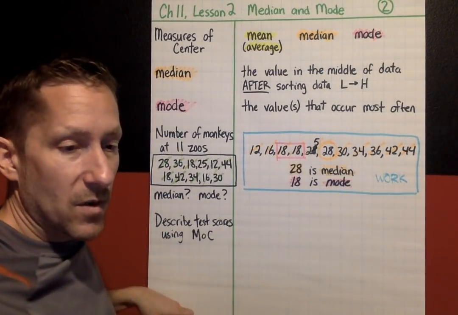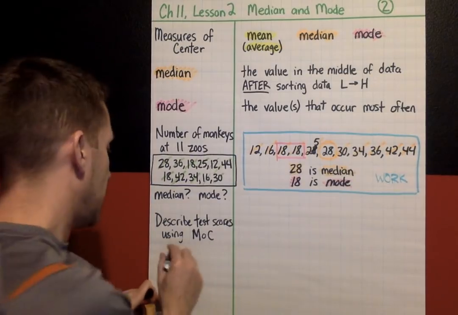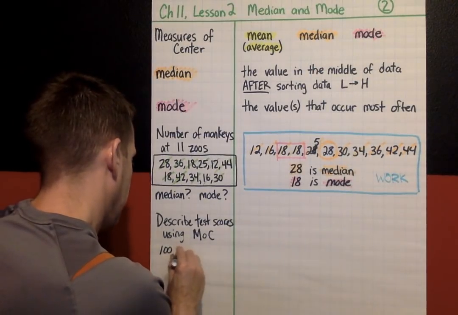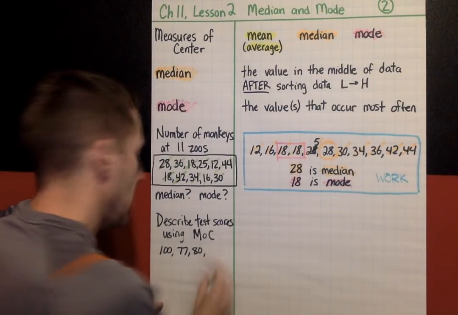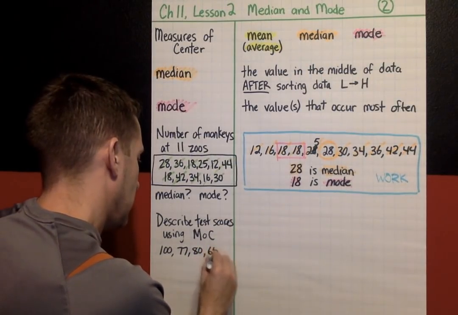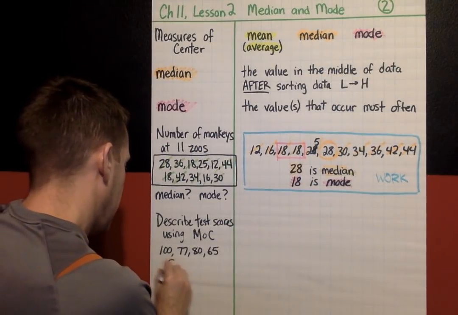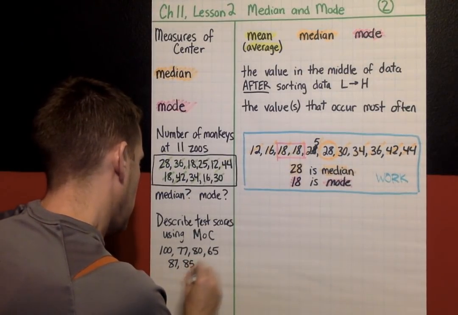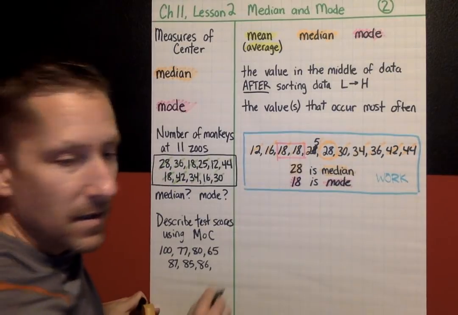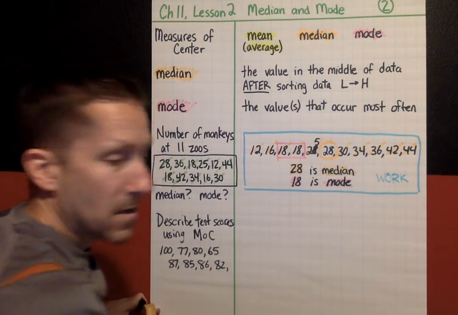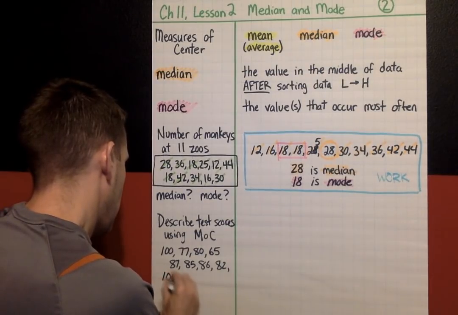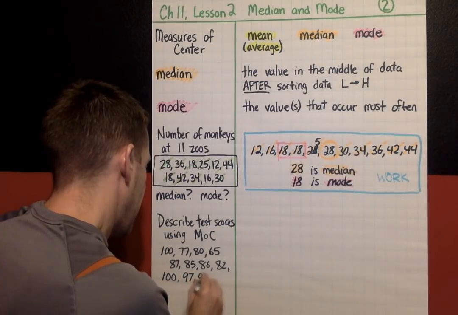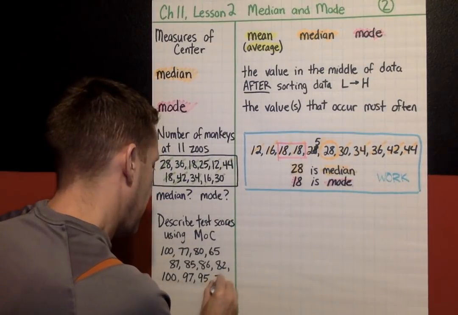So the test scores I'm going to look at are the following: 100, 77, 80, 65, 87, 85, 86, 82, 100, 97, 95, and 77.